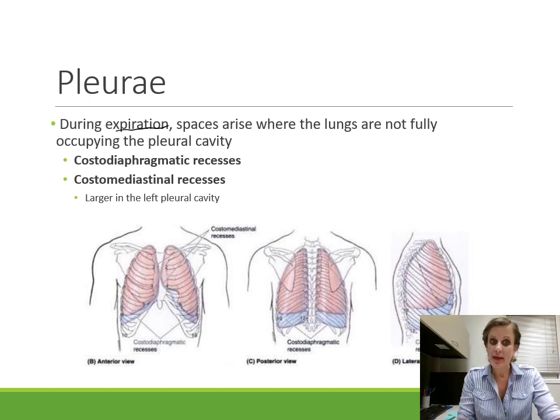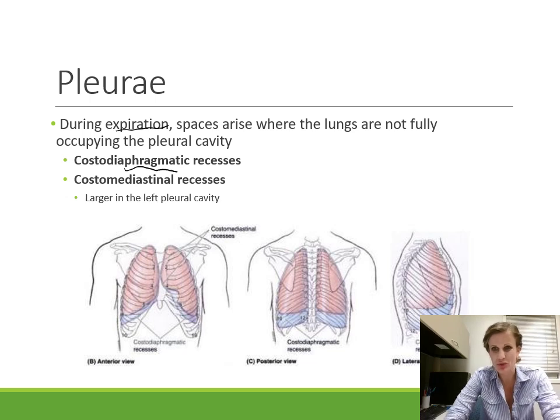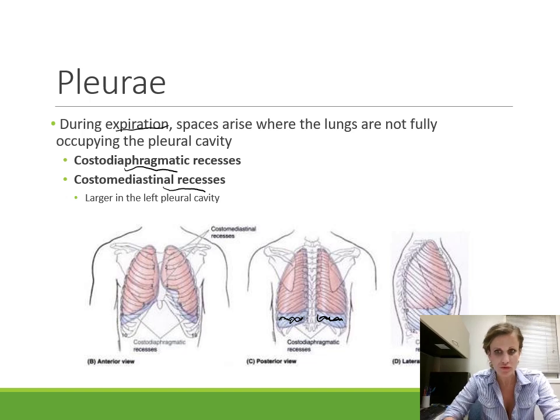So these two spaces in the pleural cavities are the costodiaphragmatic recesses, which are large, and the costomediastinal recesses, which are smaller. Costodiaphragmatic refers to the recesses that are down here, the inferior regions by the diaphragm, and they also creep up a little right here, hence the costo.